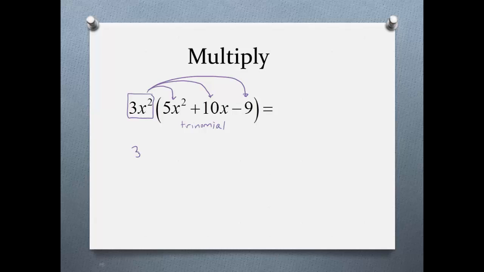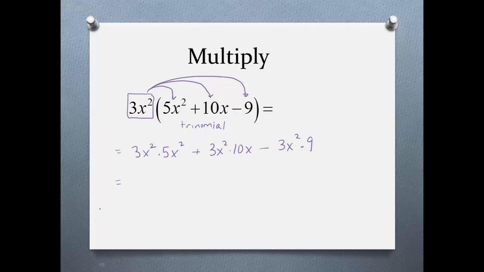So I'm going to have 3x squared times 5x squared, and I'm going to have a 3x squared times a 10x, minus a 3x squared times a 9. And then I've got 3 monomial multiplication problems in one.